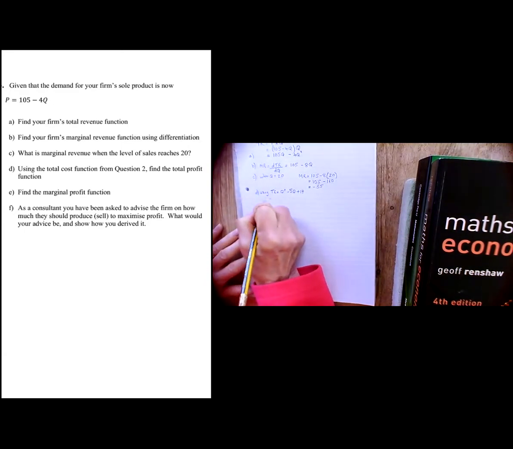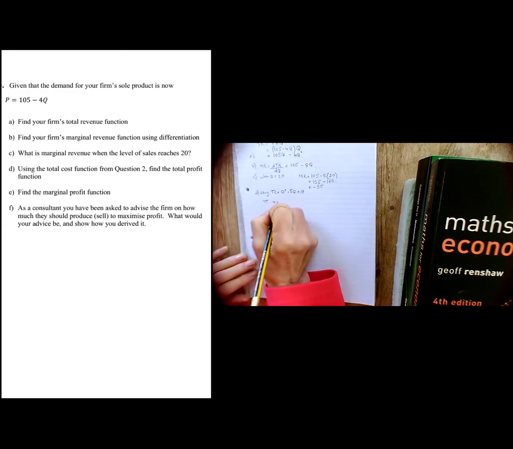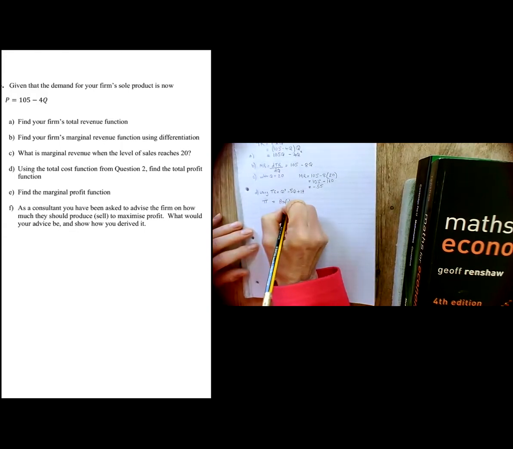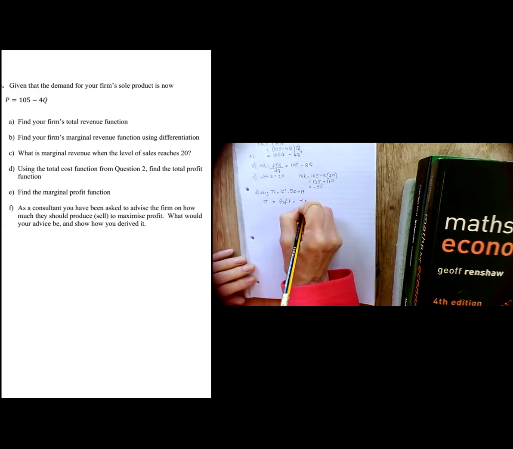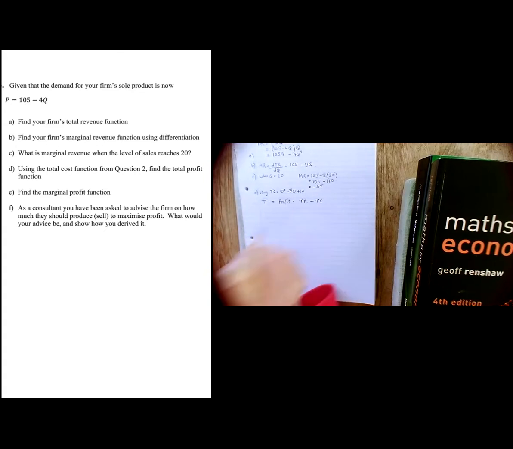Now, hopefully you will remember that total profit, sometimes written as pi, we can call this profit, is always, and you're going to know this from your everyday life, how much money you bring in minus your expenses. And it's the difference between revenue and cost that gives us profit.